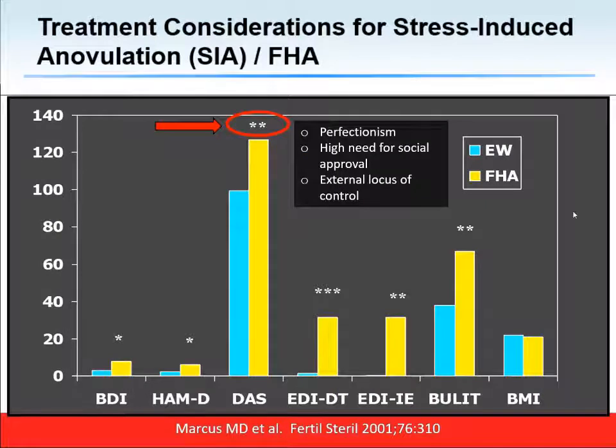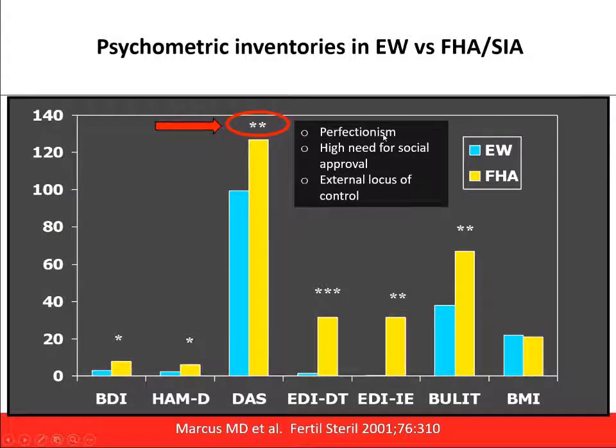We had talked about this previously, but we knew that perfectionism and high need for social approval were attitudes that make people more sensitive to external locus of control. And so what you see here are attitude surveys in women with amenorrhea and eumenorrheic women. And in particular, there's an elevation in this attitude survey that taps into these domains that we've just talked about.